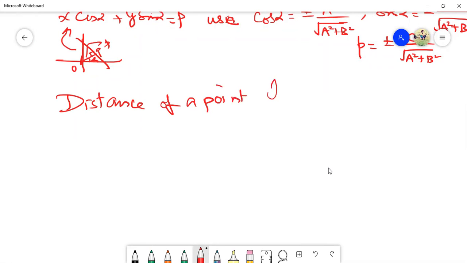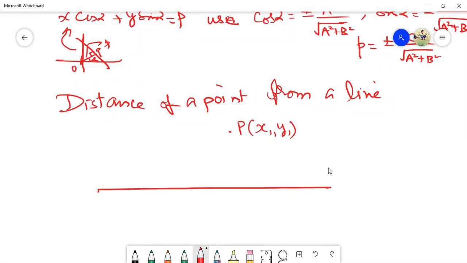Distance of a point from a line means the equation of a line is given, and you have to find the distance from this point. Suppose this is a point, its coordinates are given x1, y1, and there is a line, this is the straight line.